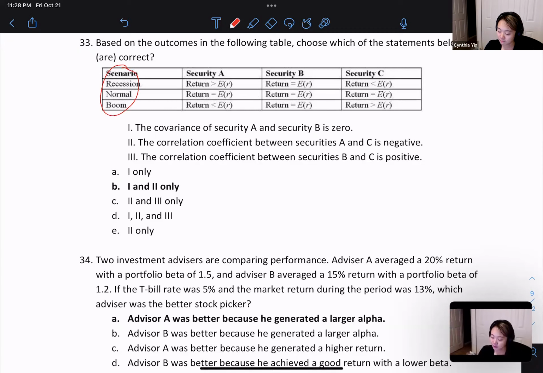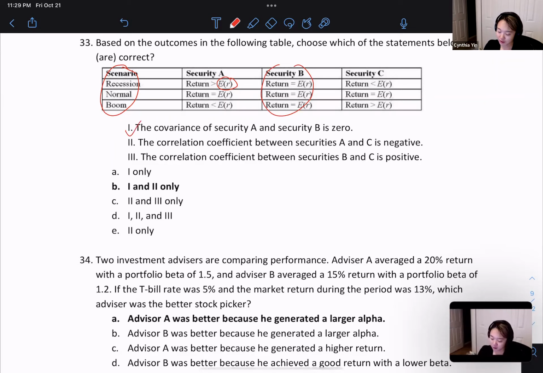Security A has a return greater than ER, think of ER as a fixed, constant number, in recession, similar to ER in normal, and worse than ER in boom. And security B is just a constant all the time. So the covariance of A and B is 0 because B is static, it's not moving at all.